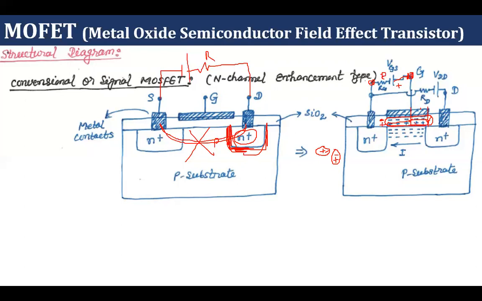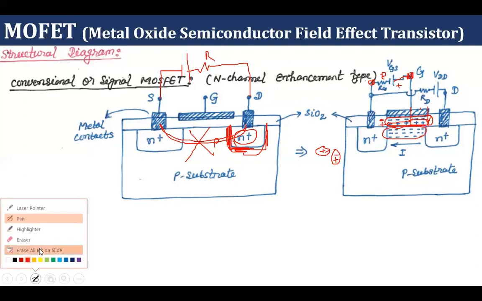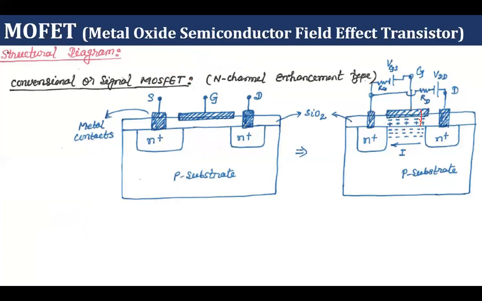At this side we have positive accumulation, and due to the positive accumulation, whatever holes are in this region will be repelled downside. All holes are coming here, and all electrons will be attracted. The moment electrons are attracted within this region, this PN junction will vanish from this place.